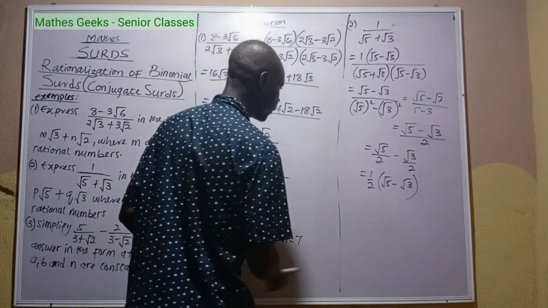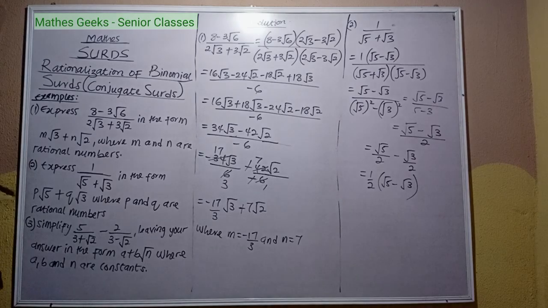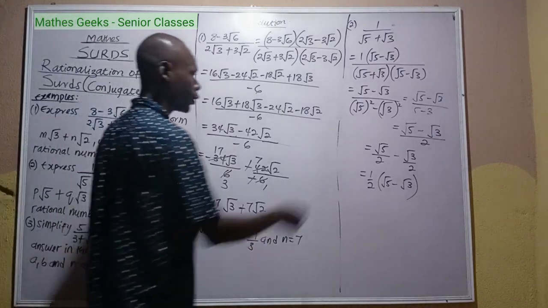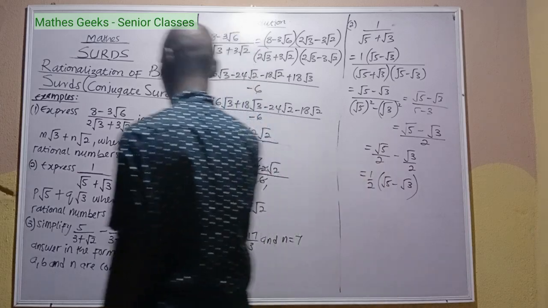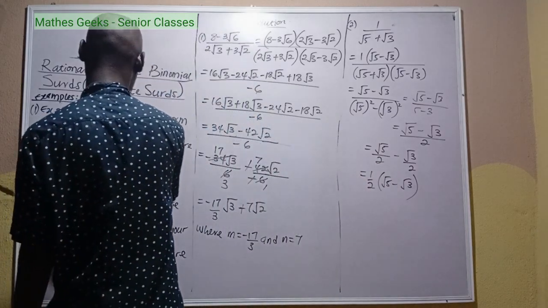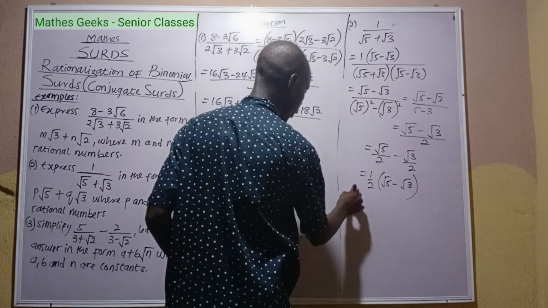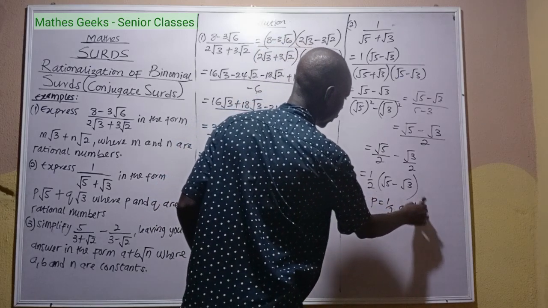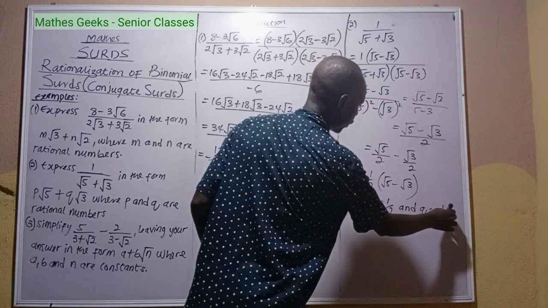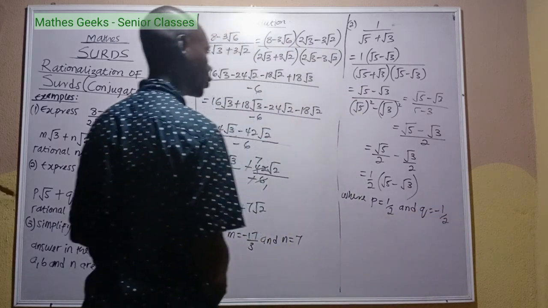So from here, our p, which must be a rational number, is plus 1 over 2, because p here is positive, and our q, which is for root 3, is yes, minus 1 over 2. Let's write that where p is 1 over 2 and q is equal to minus 1 over 2. So that's what we expected to do.